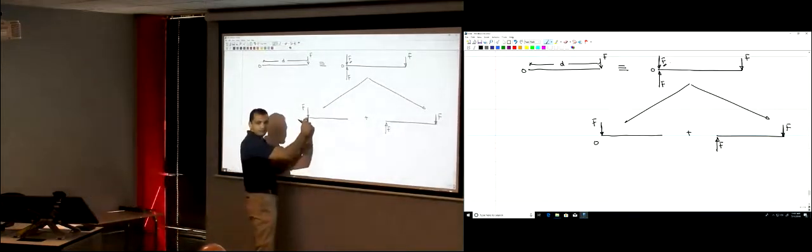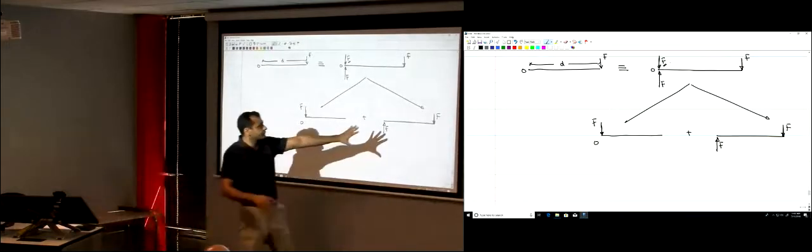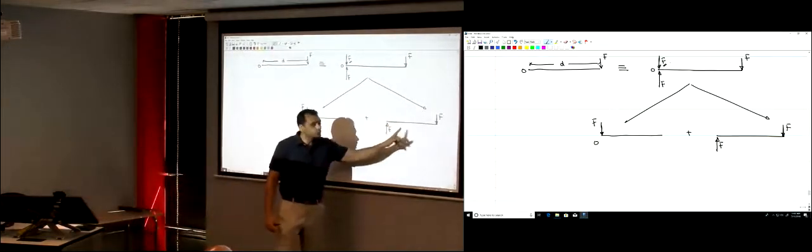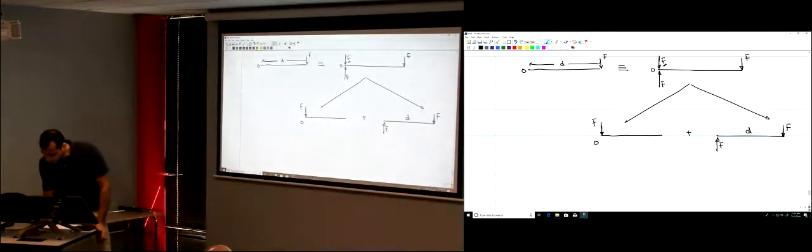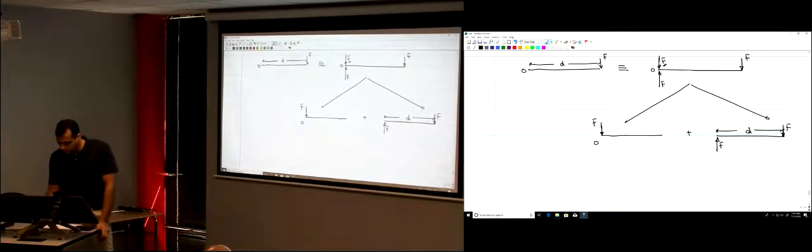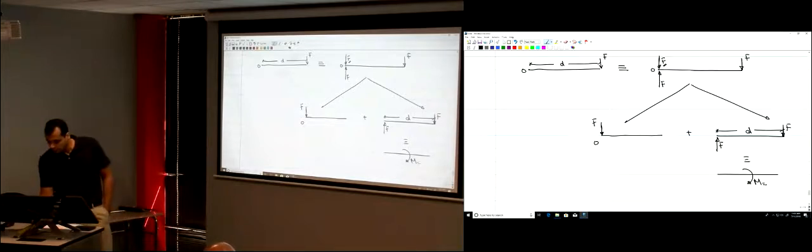I moved F to point O now. But I added this to it. What's this? It's two forces equal in magnitude and opposite in direction, separated by distance d. This is equivalent to a couple, a moment couple, equal to Fd.